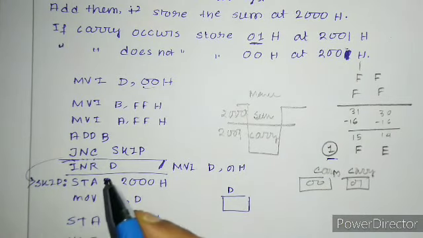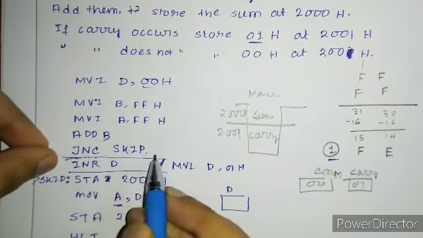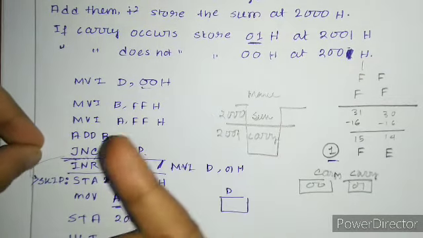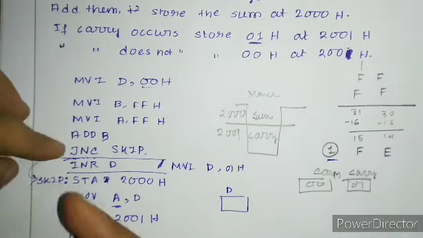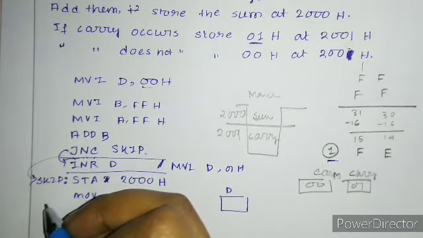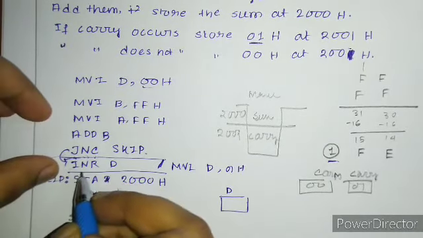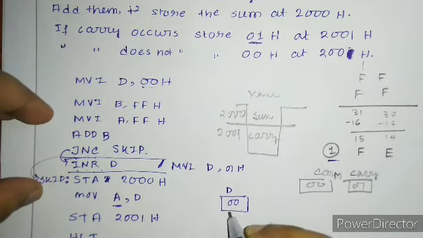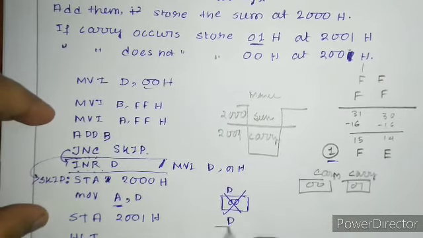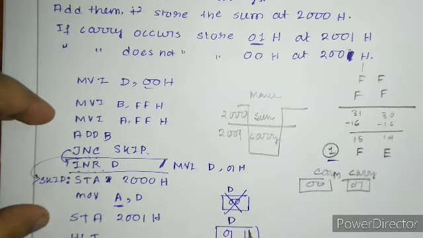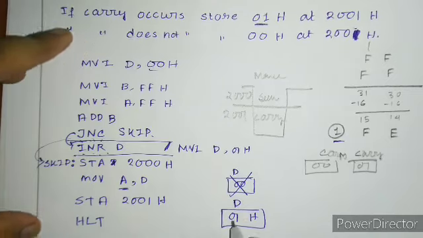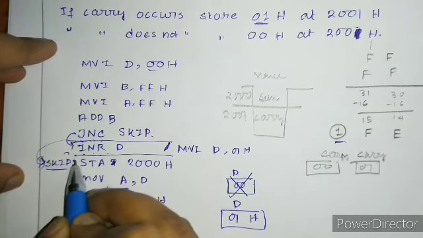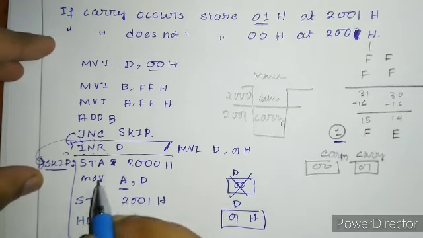First, JNC skip: jump if not carry. Is there any carry? Yes. Then will it skip? No. First it will come to this line, as the microprocessor works. INR D means from 00, D will become 01H.